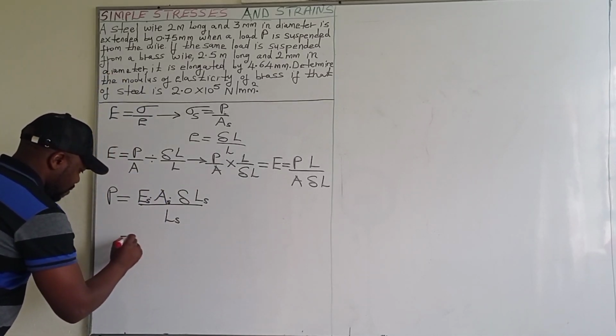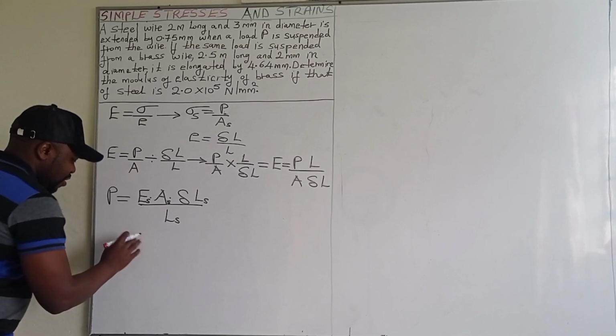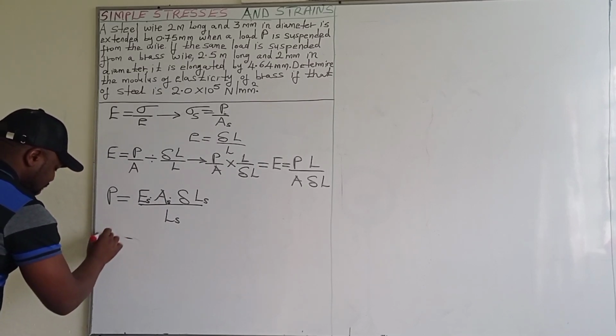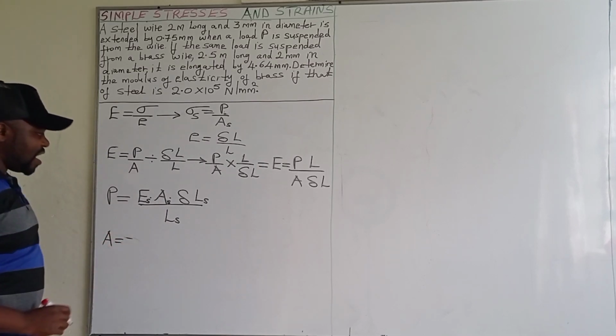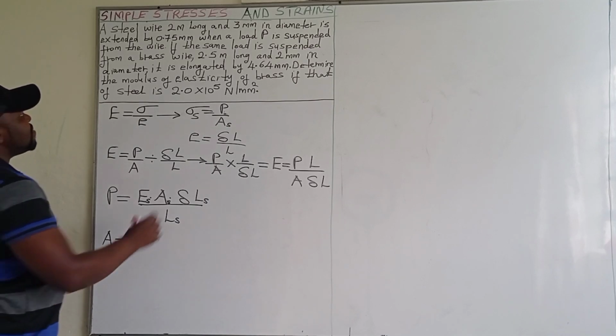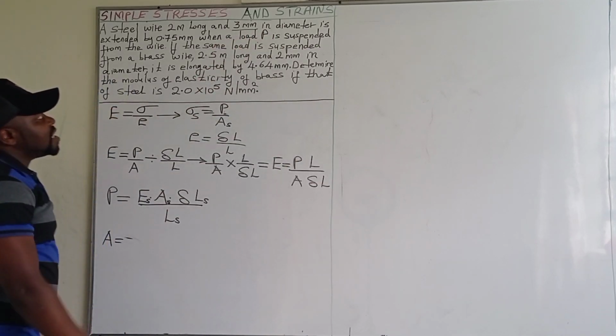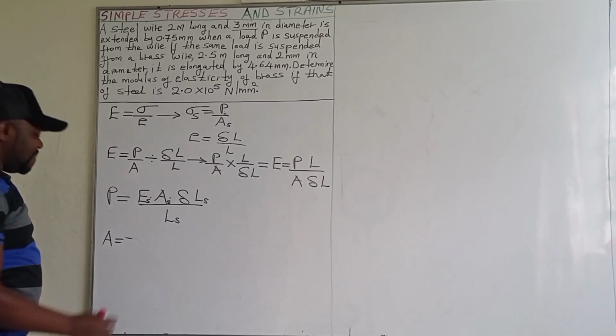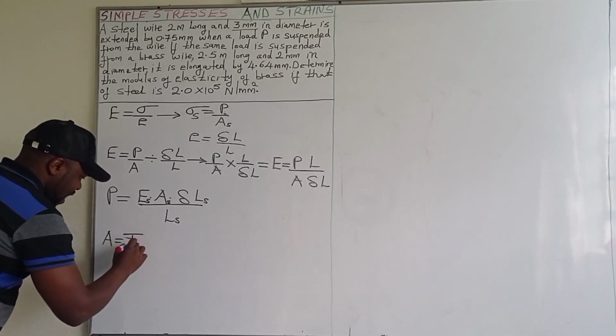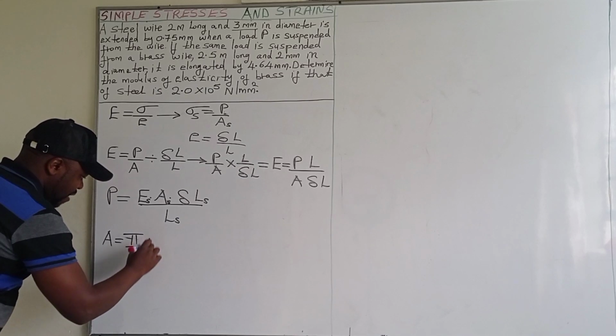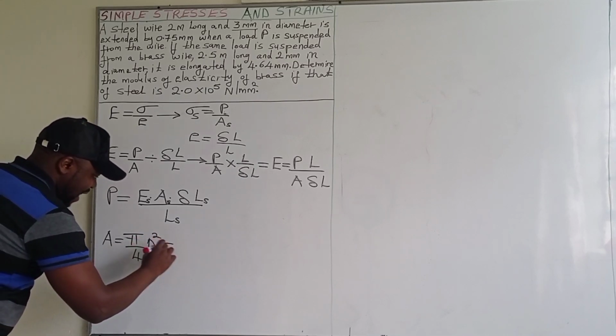Now, we begin with determining the cross-sectional area of the steel member. We are told that the diameter of the steel wire is 3 millimeters. Therefore, its area will be given by pi over 4 d squared.